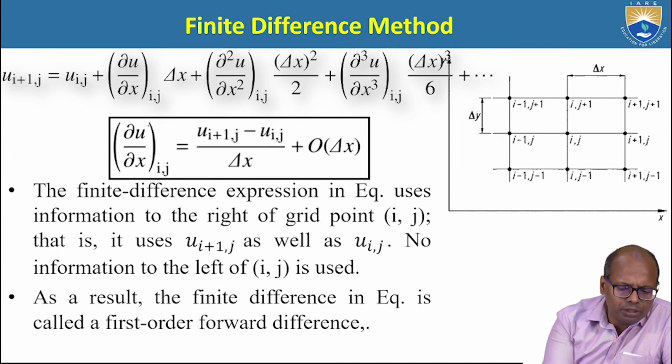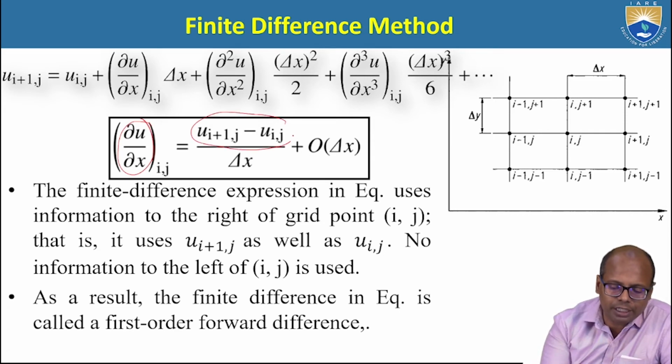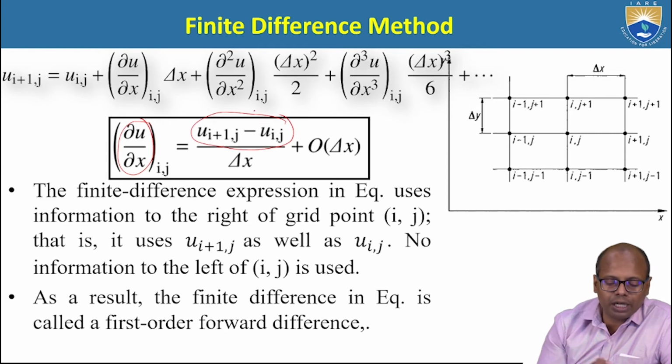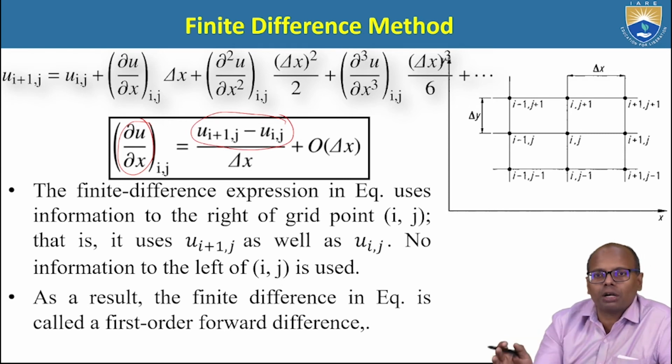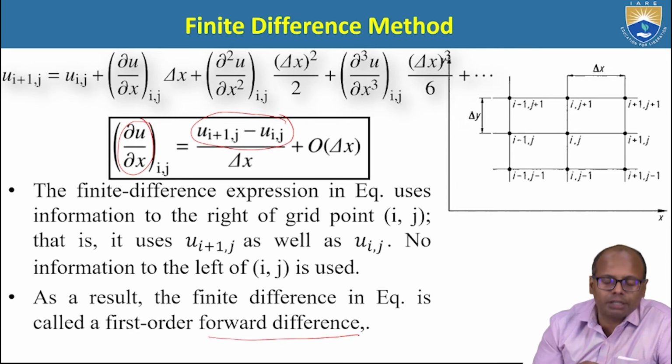Now this partial differential term is expressed in terms of finite differences. How have we done it? We have moved forward in space, so it is called the forward difference.